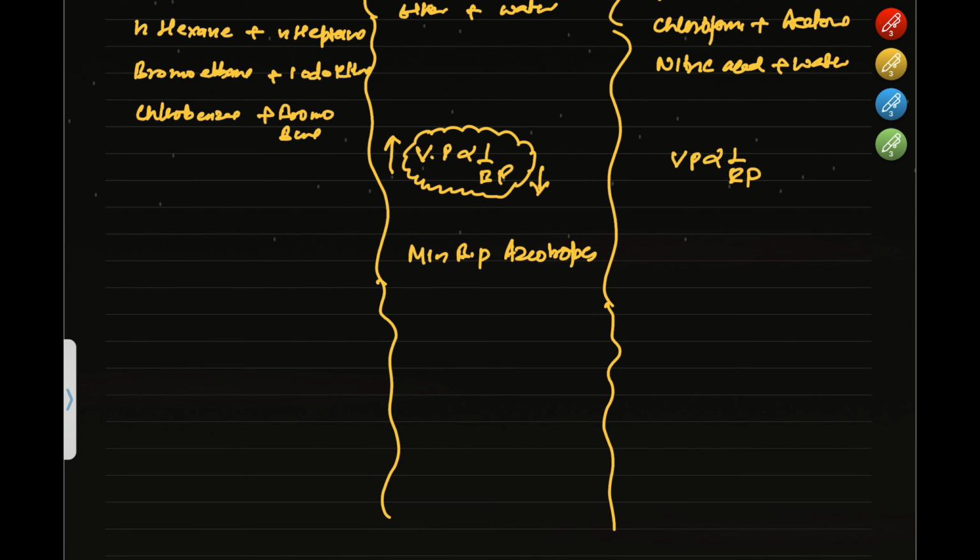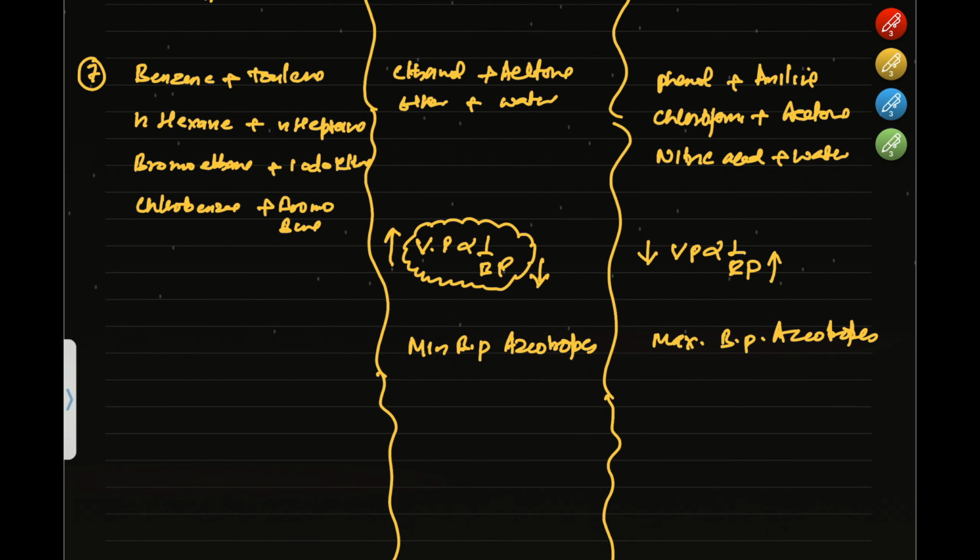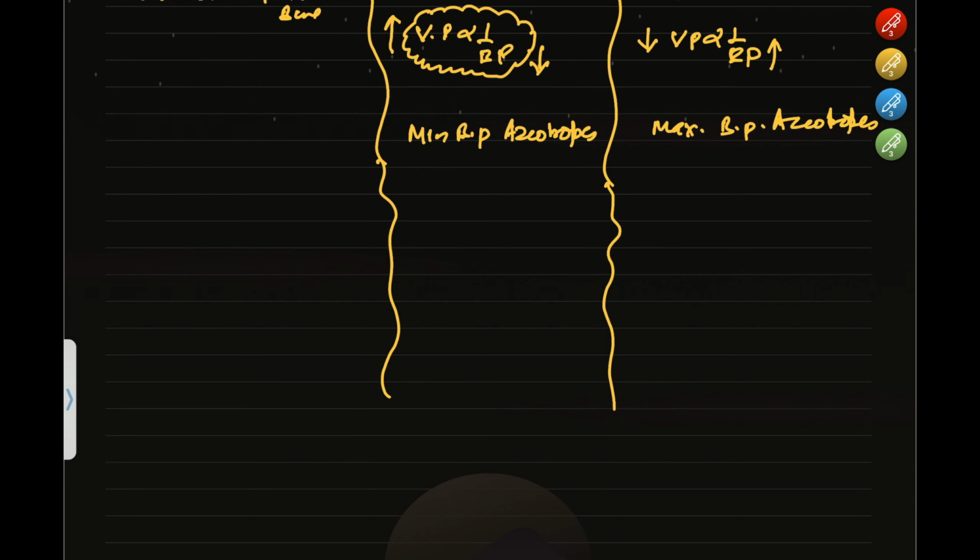The vapor pressure is low for a negative deviation, so the boiling point is high, which means a maximum boiling point azeotrope. The examples written for positive deviation are examples of minimum boiling azeotropes, and those written for negative deviation are examples of maximum boiling azeotropes.